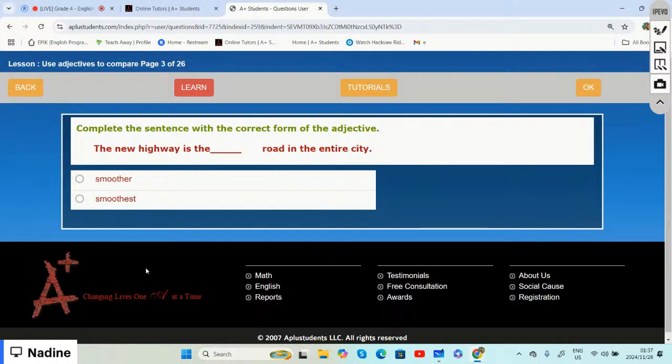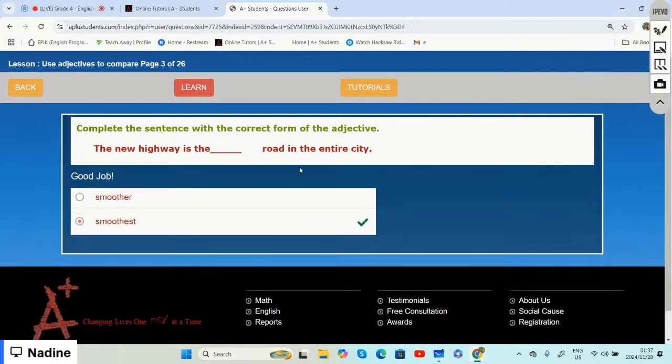And if we were to choose the correct option, then yes, option two, smoothest, is correct. Well done.